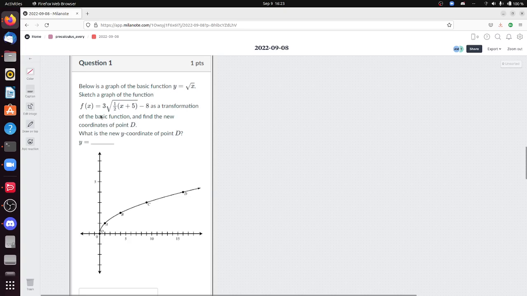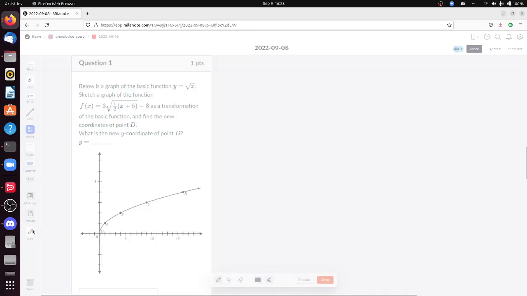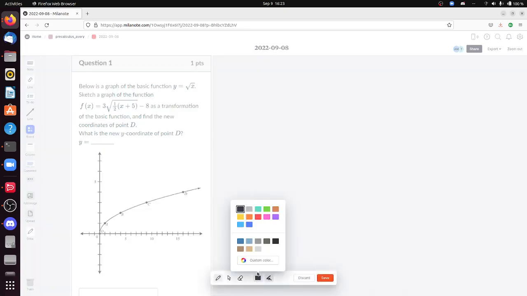Our goal is to transform it into this equation, or this function. Now, there's a series of transformations that are performed here, and our job is to basically sketch the graph that is represented by this new function using what we've learned about the transformation logic. So here, what I want to start with is basically just talking about the different kinds of transformations that are being done.